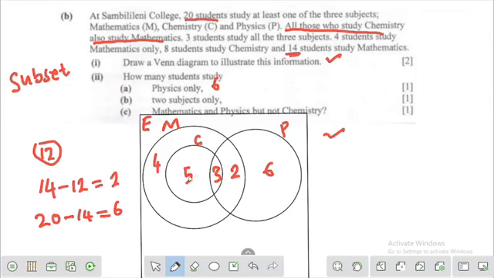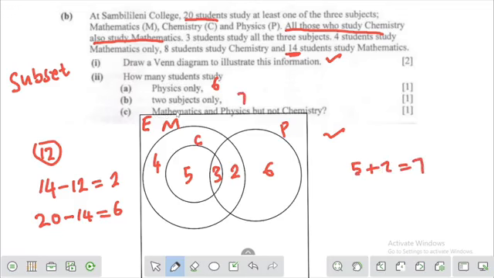So 5 students were studying chemistry only. They were also studying maths only. So 2 subjects only. We have 5 studying maths and chemistry, also 2 studying maths and physics. So you just say 5 plus 2. And this will give us a 7. So here it's a 7.